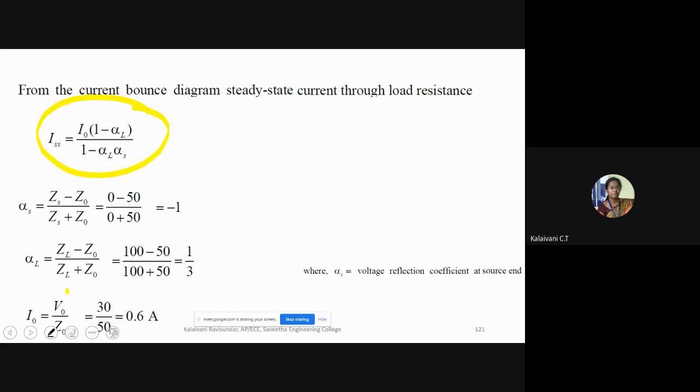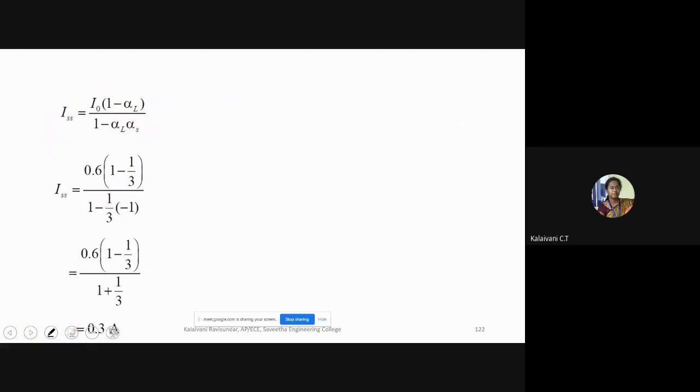So I naught will be equal to V naught by Z0. So 30 by 60 is equal to 0.6. So here we found I naught, gamma L, gamma S. You can substitute in this equation and you'll get the answer.